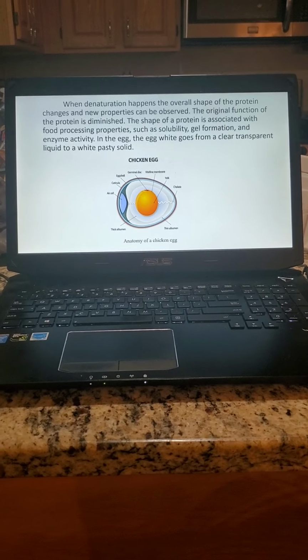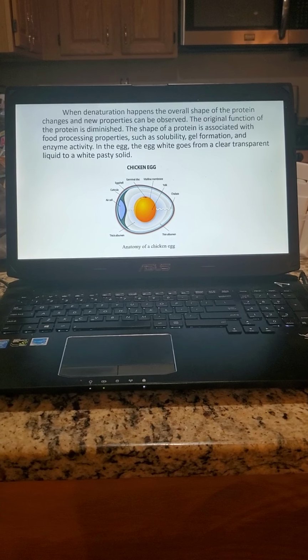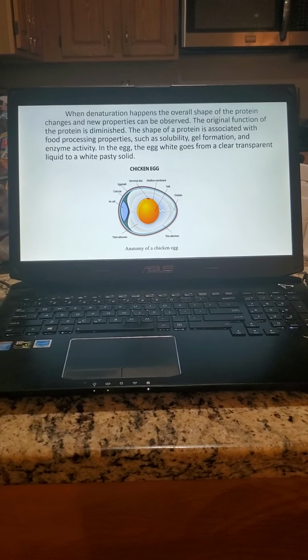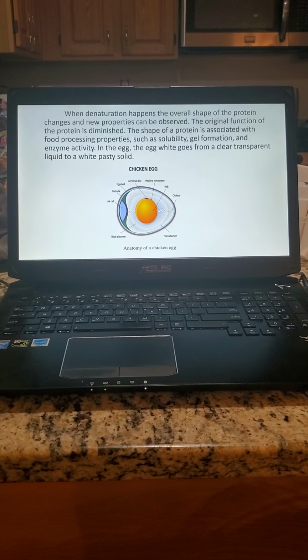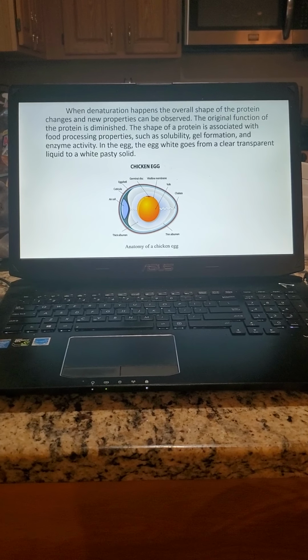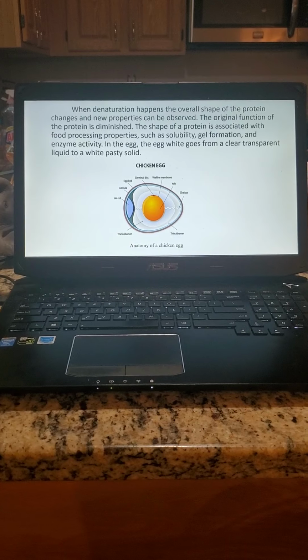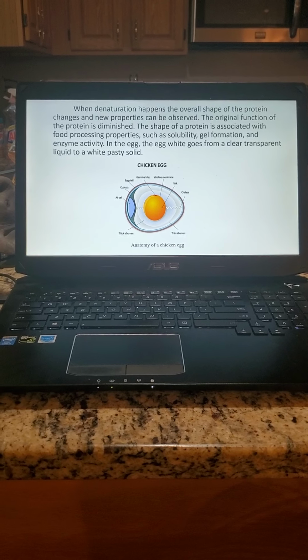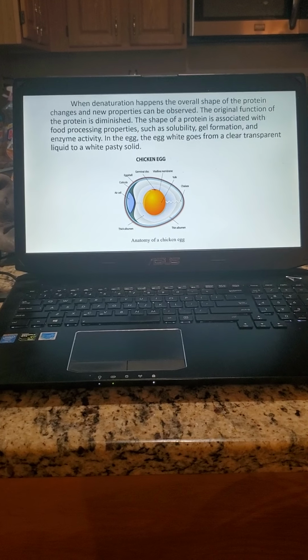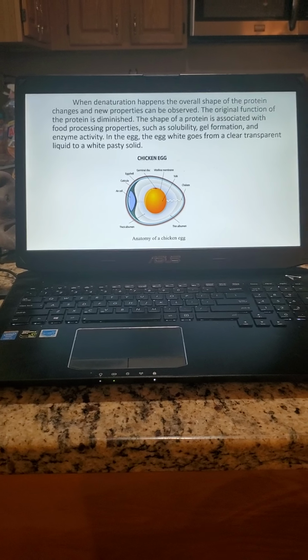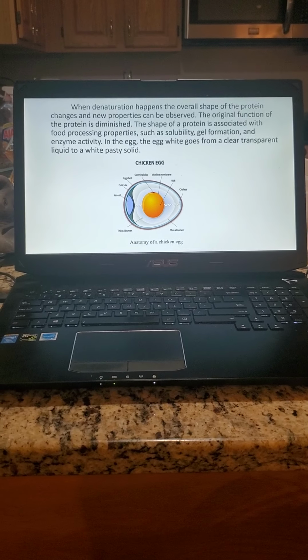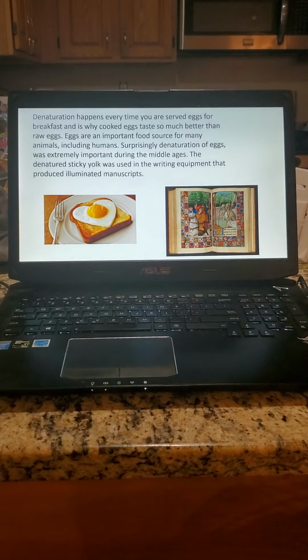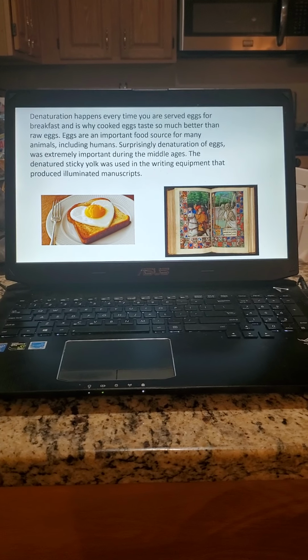And in the egg, one of the observations of this occurring is that when you start with the egg, it starts as this clear and transparent liquid, the egg white, and it goes to a white pasty solid. And that occurs because of the denaturation of the protein.